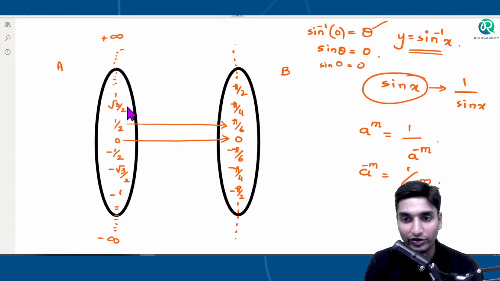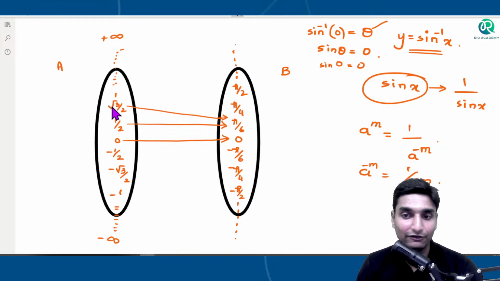It will lie somewhere here, more than pi upon 4. Nonetheless, at 60 degrees the value of sine is root 3 divided by 2, and at 90 degrees the value of sine is 1.